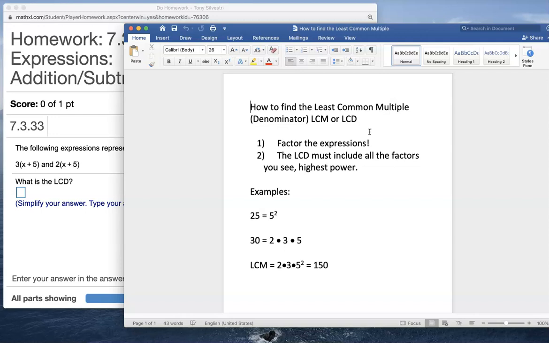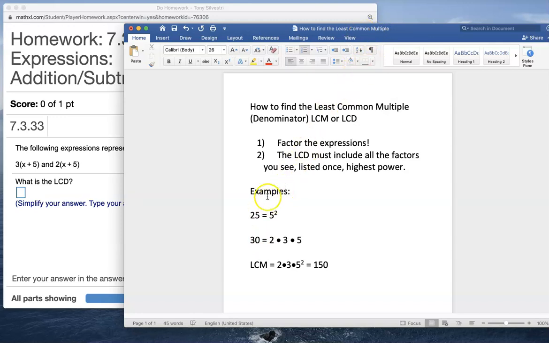And then after you factor the expressions, the least common denominator must include all the factors you see listed once, highest power. Now pretend I have denominators 25 and 30. What do I mean by that?